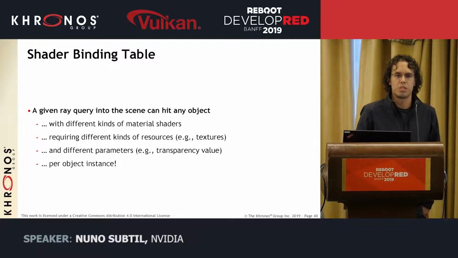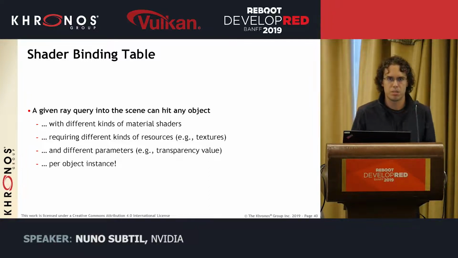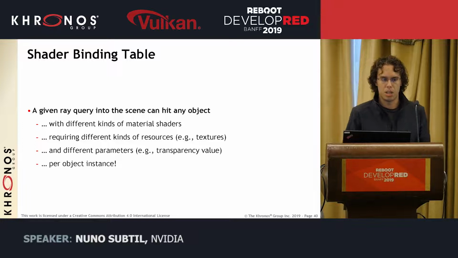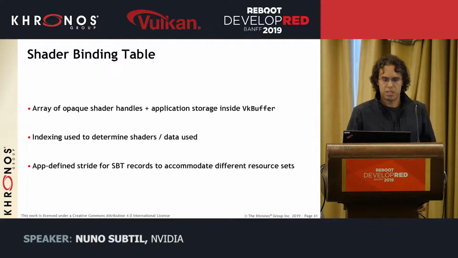It may need different resources available. And because you can hit any of the meshes in your scene, this effectively implies that you have to have all of your scene resources available to the ray tracing PSO, or to the ray tracing infrastructure, all at once. This is where the shader binding table comes in.